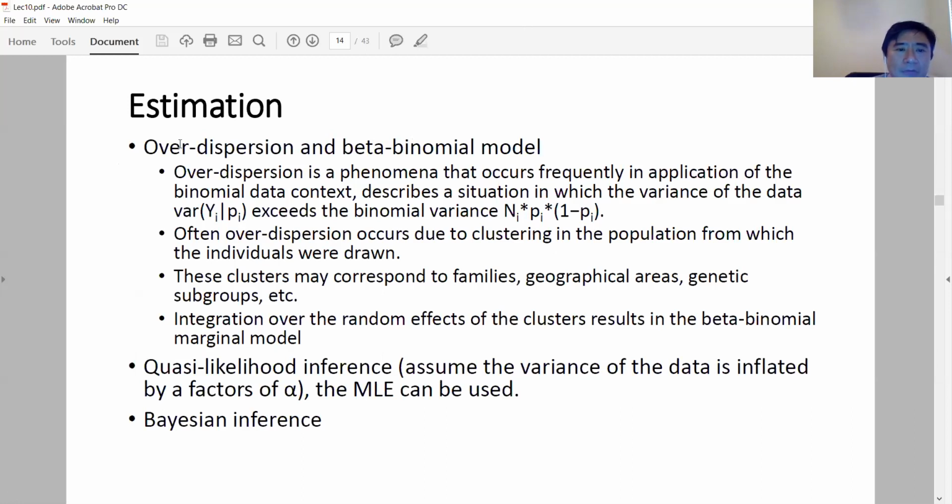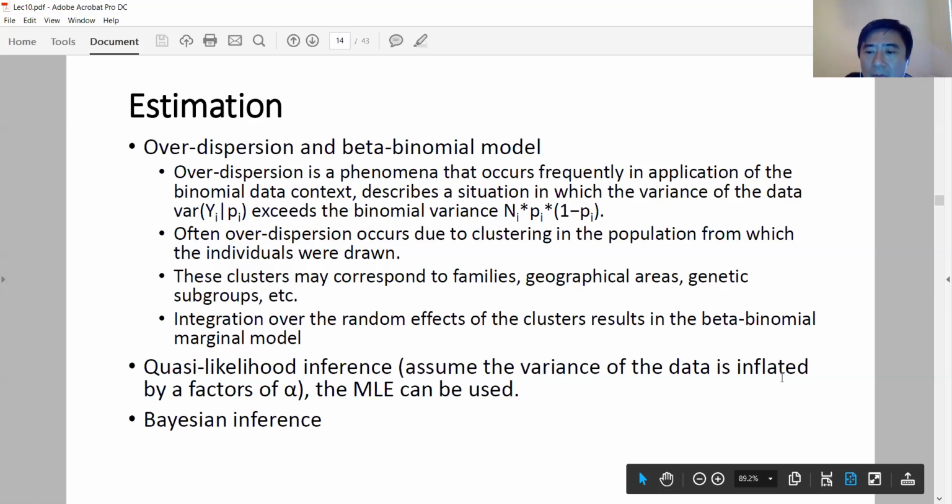So this part you just need to know, and a serious problem for the estimation we call overdispersion, which means the real variance is actually much greater than the theoretical variance based on the binomial distribution.